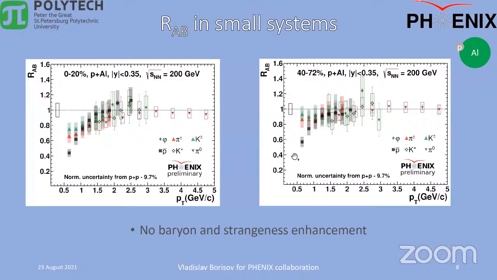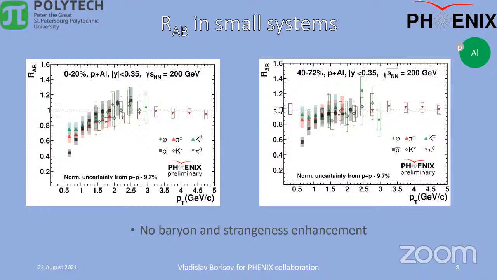The nuclear modification factors for different light hadrons, charged pions and kaons, pi0, phi, K star, and antiproton are shown for most central and most peripheral proton-aluminum collisions.